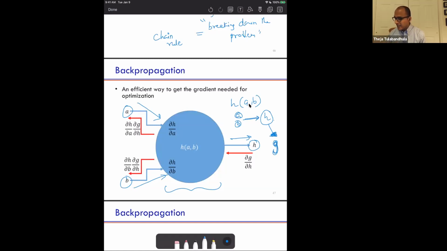The simple idea here is that what we care about is getting gradients.